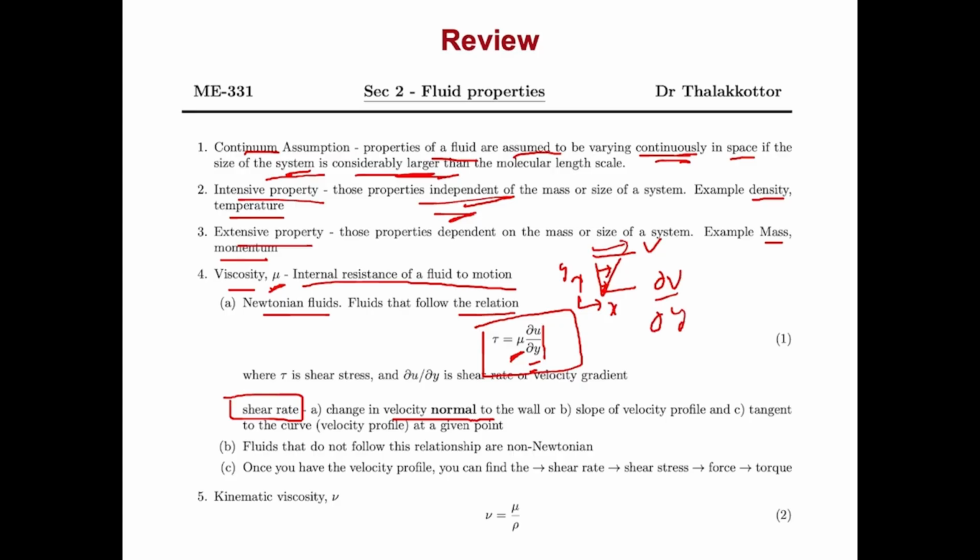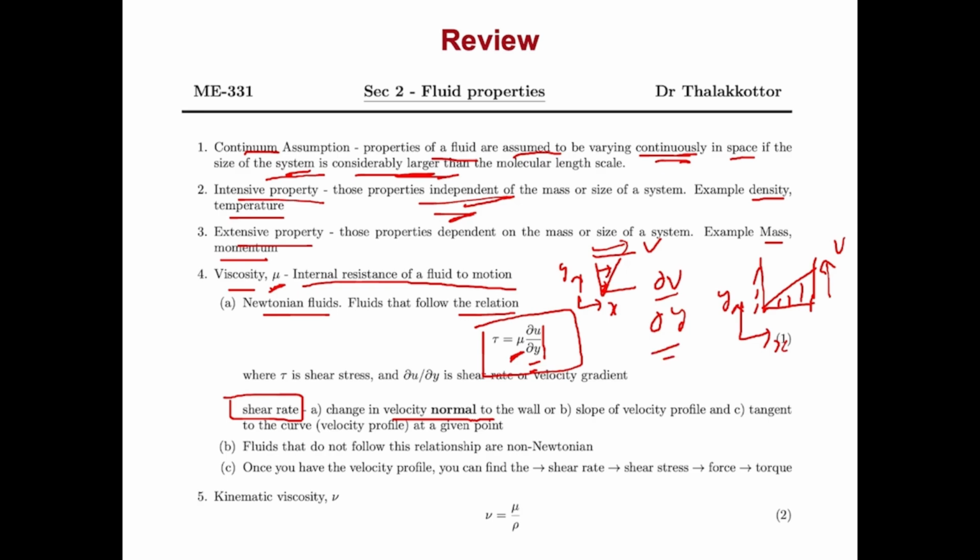But now if I flip this and say I have two plates in this direction, and this is still my x and y coordinate, and this one is moving with a velocity u, and this one is stationary, so essentially you're getting a velocity gradient in this direction, right? So now you are not using du dy anymore.